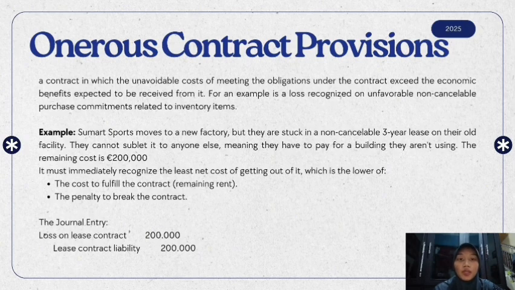So it must immediately recognize the least net cost of getting out of it, which is the lower of the cost to fulfill the contract or the remaining rent and the penalty to break the contract. The journal entry is loss on lease contract and lease contract liability for 200,000 euro.